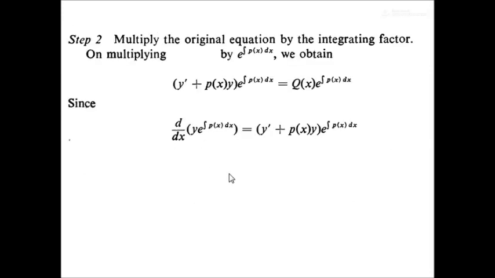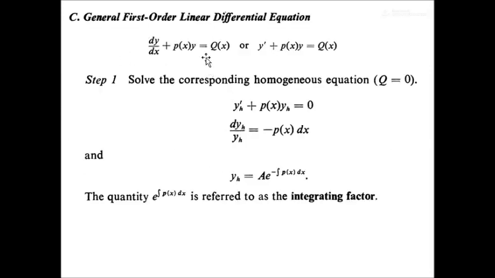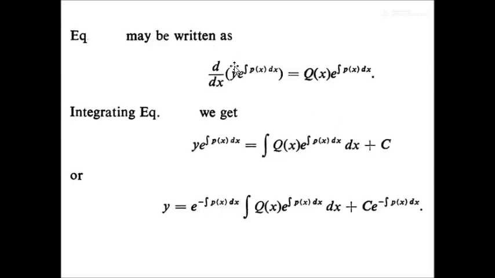So the standard form of this differential equation is di/dt plus I into R by L equal to E by L. Now if you compare this equation with this equation, you can get that p(x) is equal to R by L and q(x) equal to E by L.